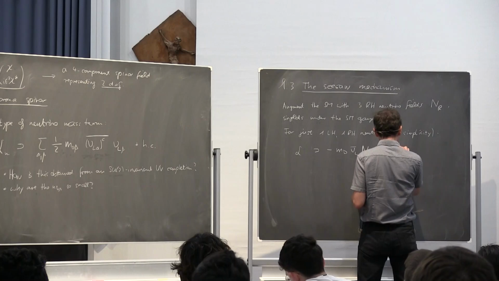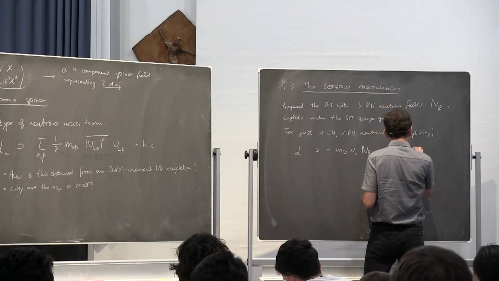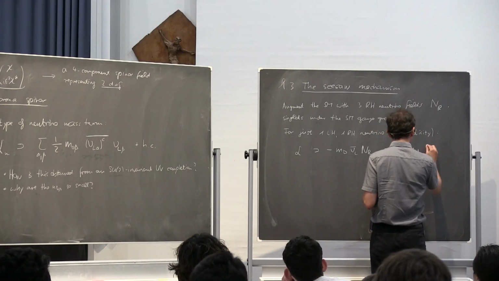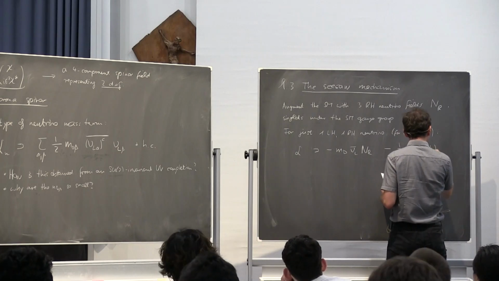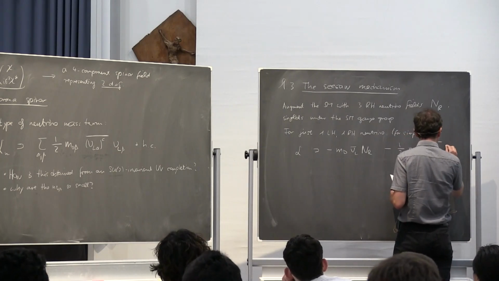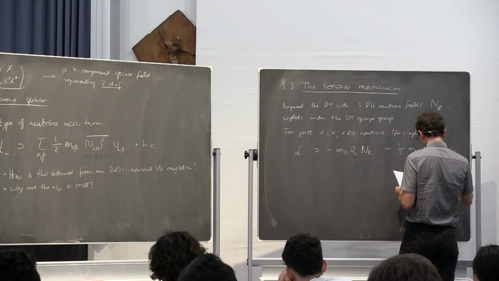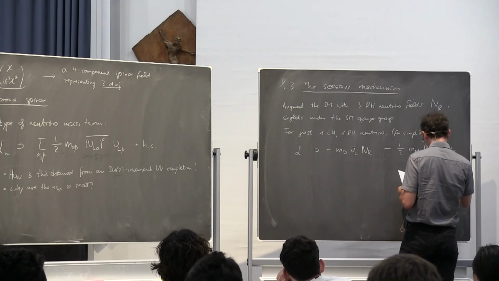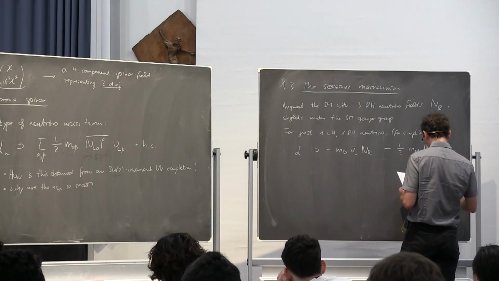So minus 1/2, let's call this MM, NR charge conjugate bar times NR plus Hermitian conjugate.